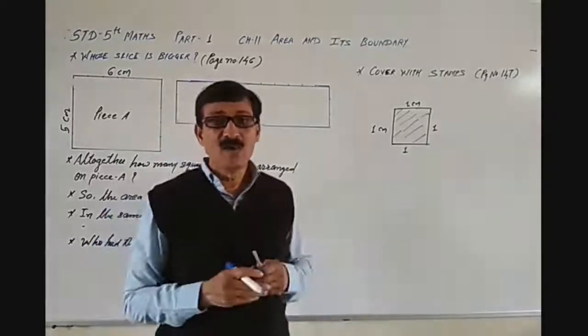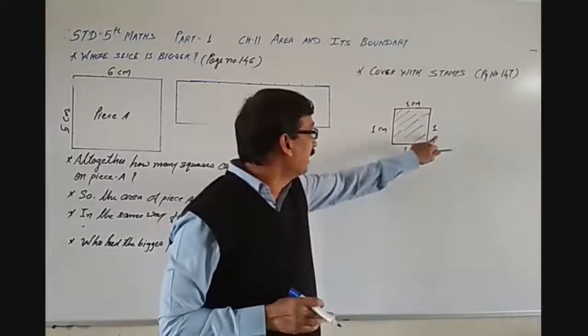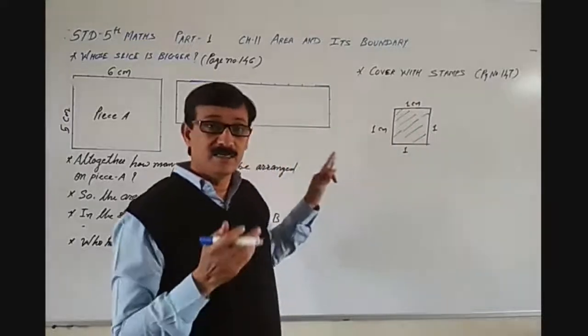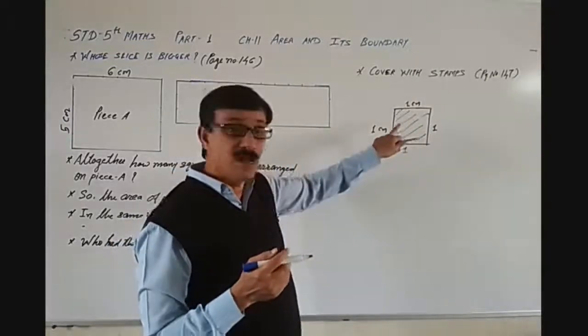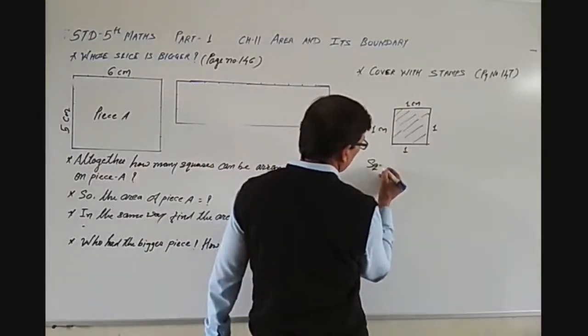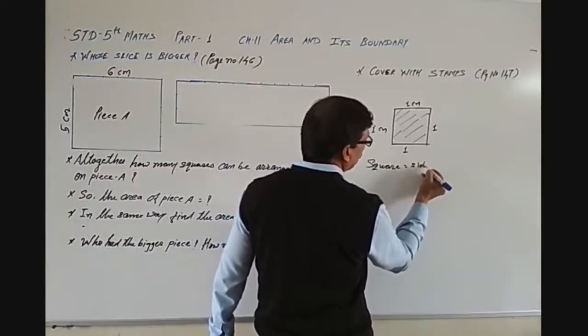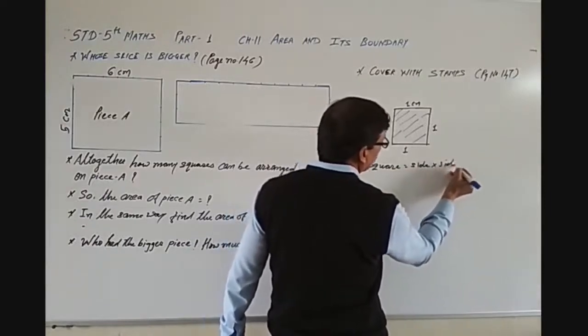And how to find out the area? Now, this side is 1 centimeter, so the area of the square is equal to side multiplied by side.